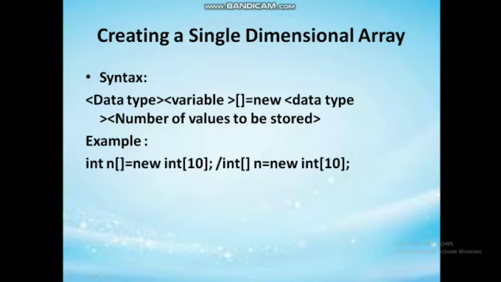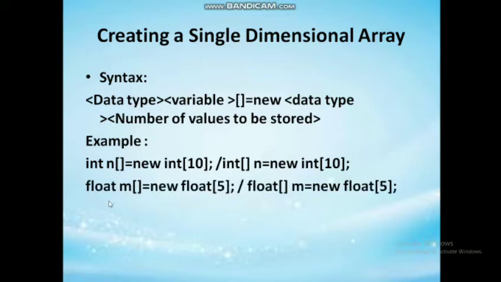Or you can even define it as int[] with the data type. You can mention that it is an array, and space n is equal to new int of 10. So here the difference is that with int[] the array is defined on the data type, whereas here it is defined with the variable name. Both are correct.